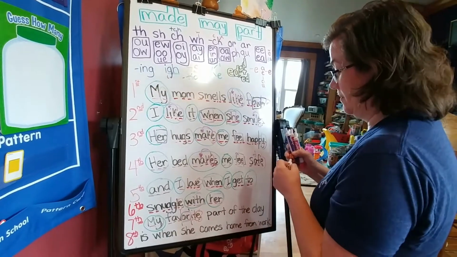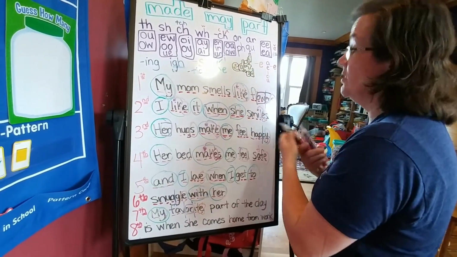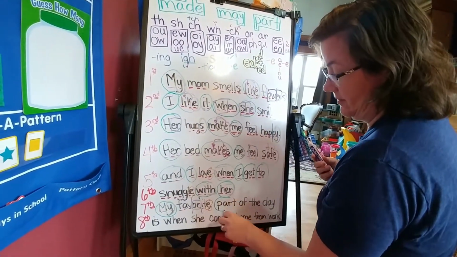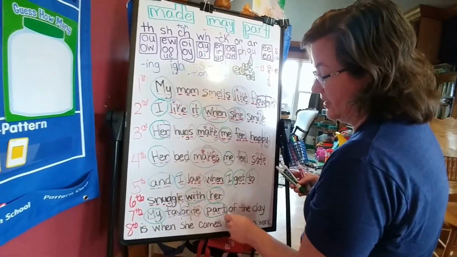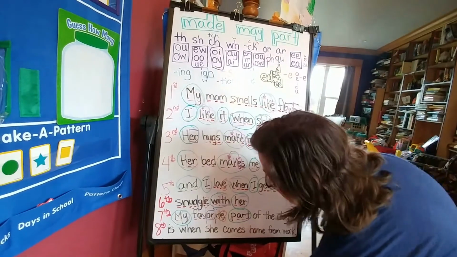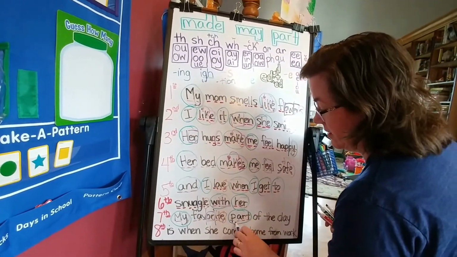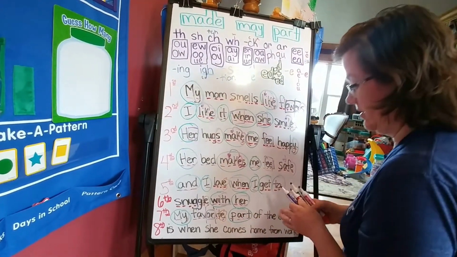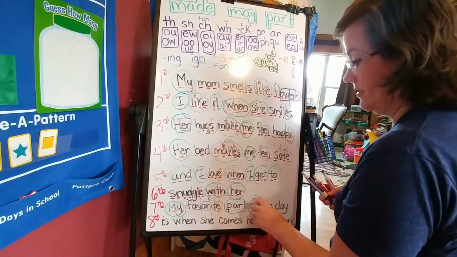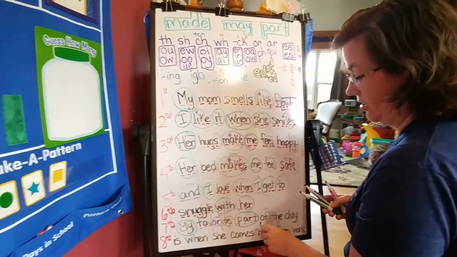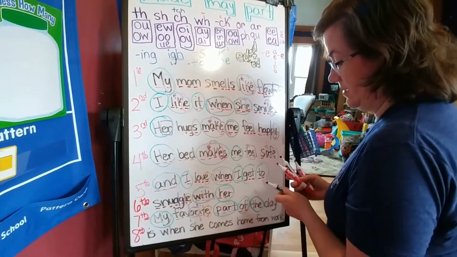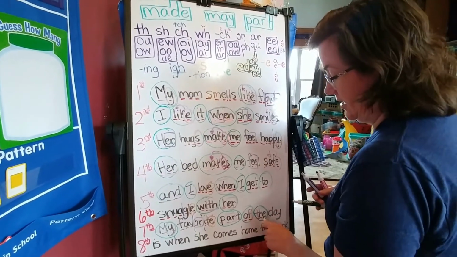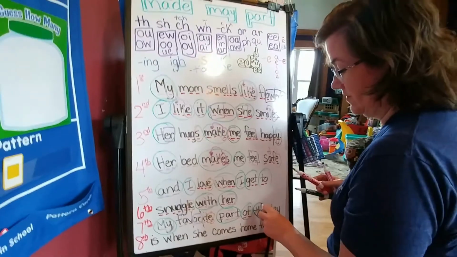It's a wonky E. Sight word part, P-A-R-T, has our letter pair A-R. Sight word of, O-F. Sight word the, T-H-E, with our T-H.